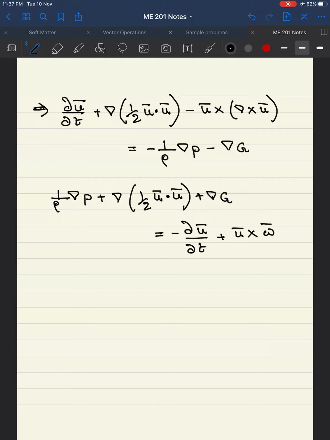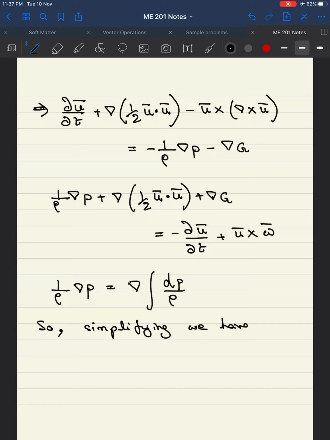Now what happens is, you can write this gradient as the gradient of the integral of dp by rho. Okay. So if you have that, then simplifying, we'll take the gradient term and club all these terms into one.